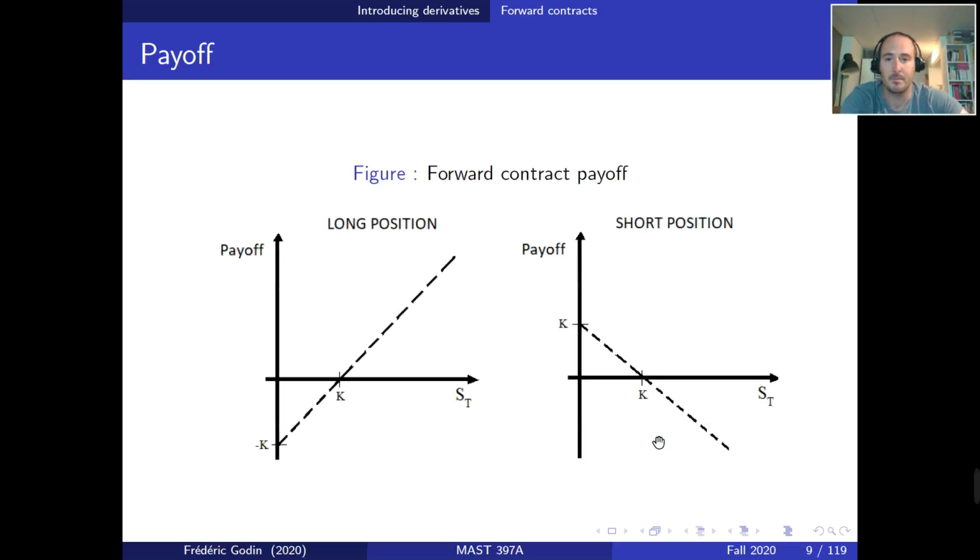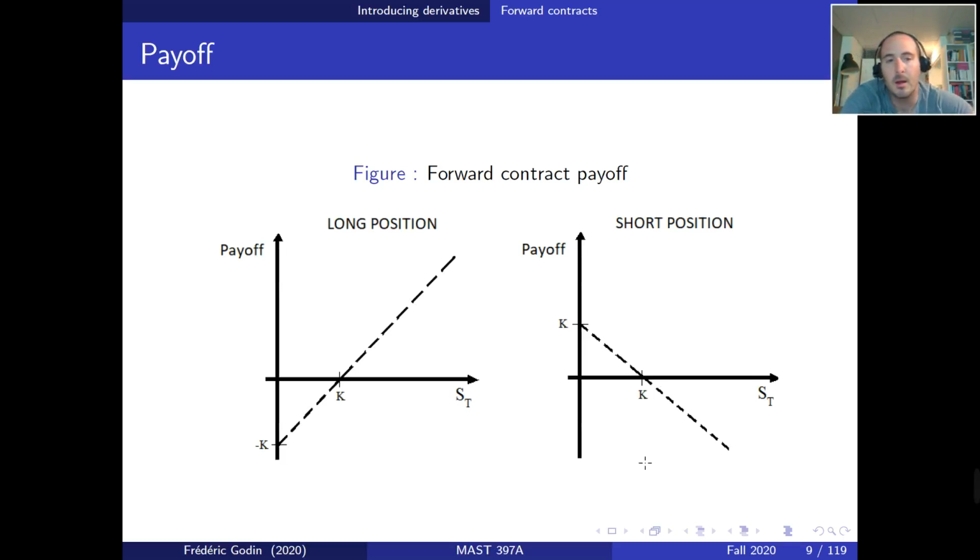So this is a plot, well, in fact, two plots for the payoff of the forward contract at maturity for both the long and short position.